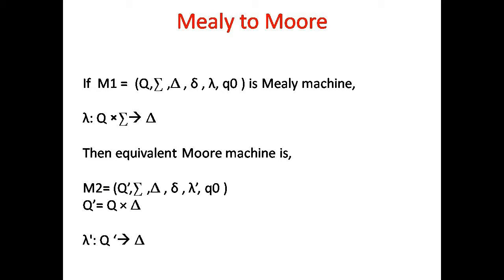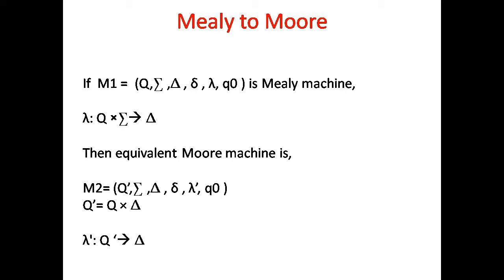If you convert Mealy to Moore machine, the finite set of states changes and the machine function is changed. The given Moore machine M2 is defined as (Q dash, sigma, delta, del, lambda dash, and Q0).